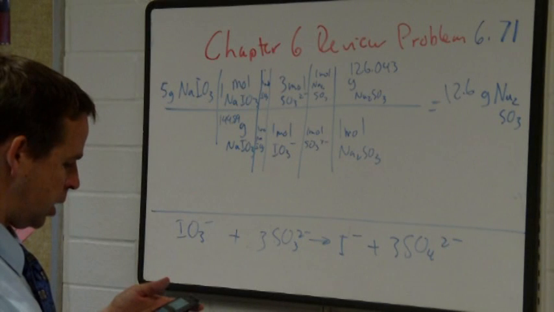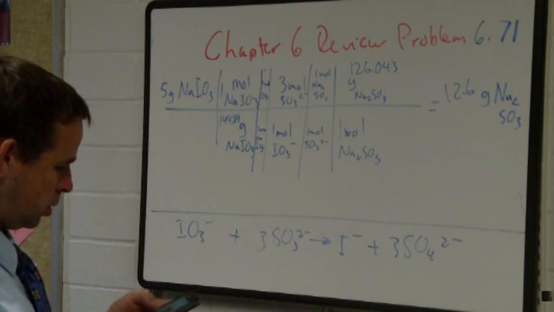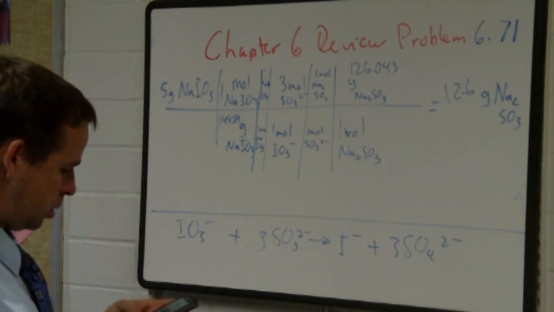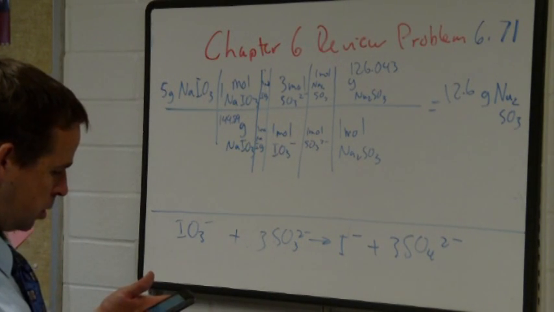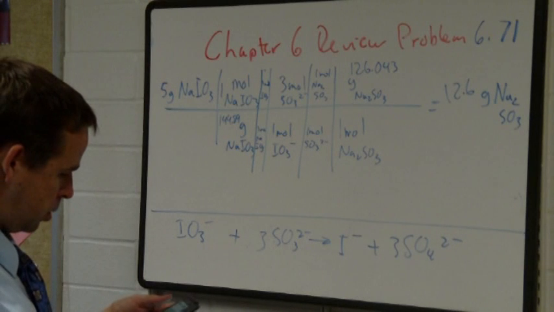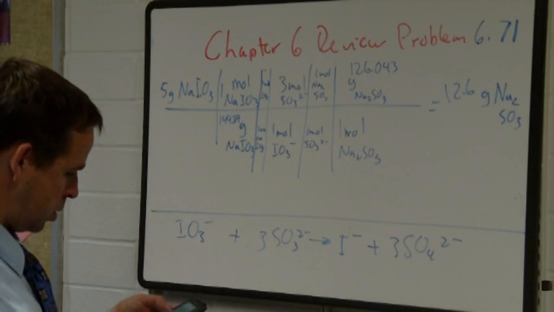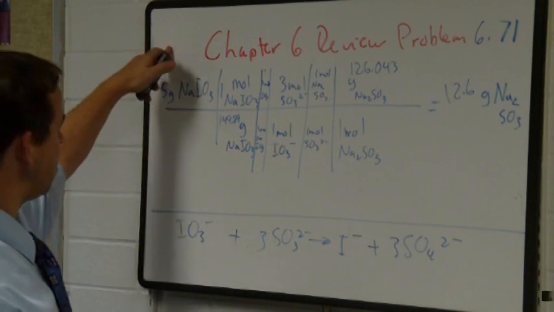All right, so we're double checking here the molar mass of sodium sulfite, 126.043, 5 grams of sodium iodate.